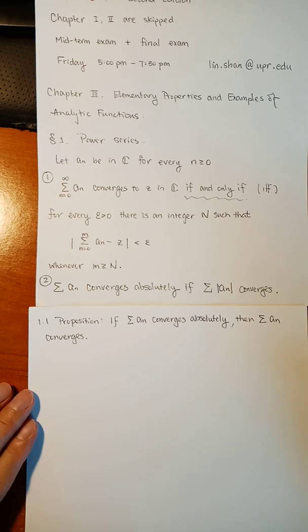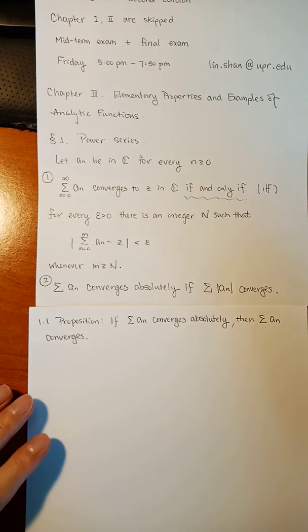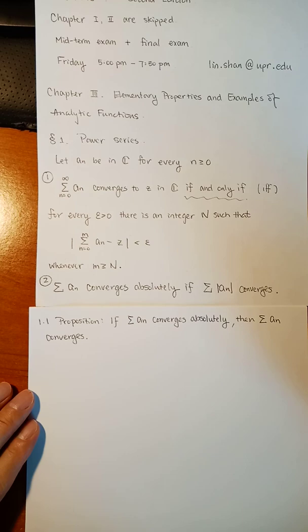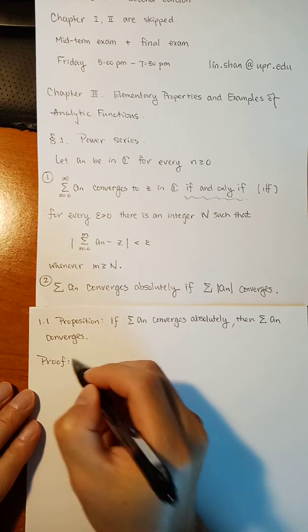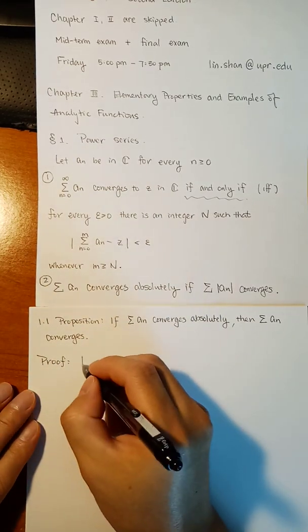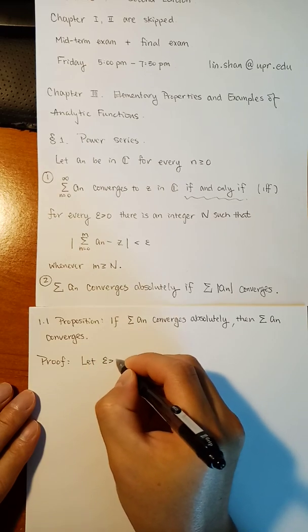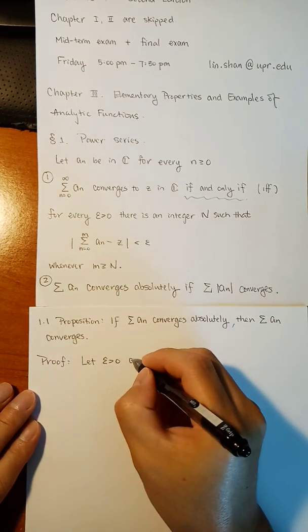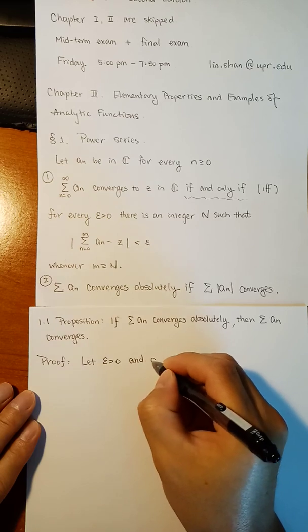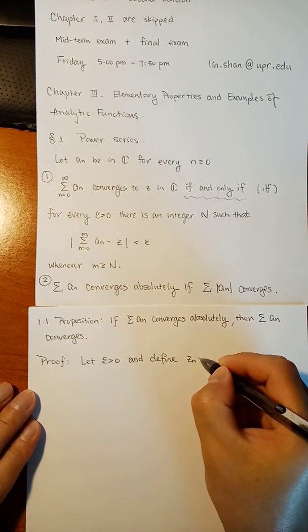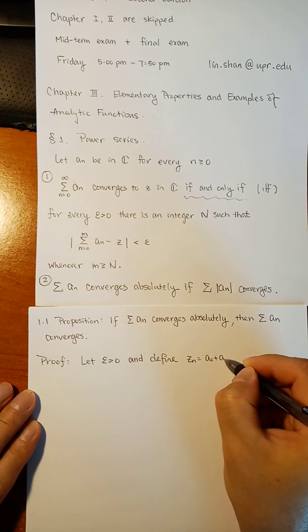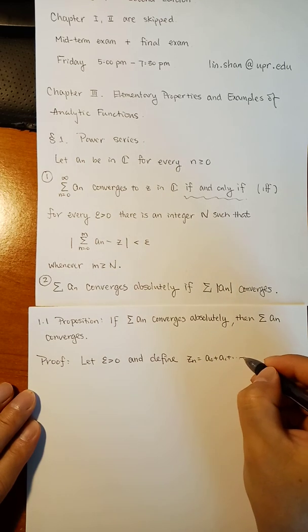So how do we prove this? This is actually a very good application of a Cauchy sequence. Let's see the proof. Let epsilon be greater than 0 and define z sub n to be a0 plus a1 plus up to a sub n.